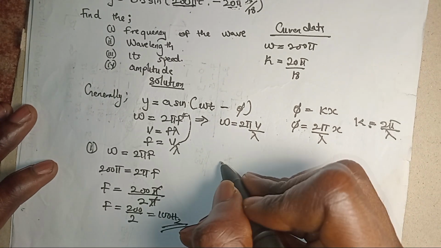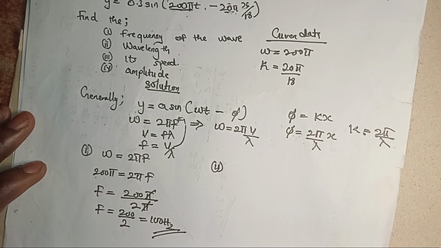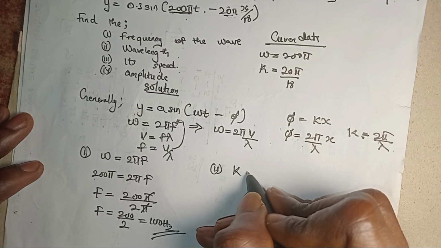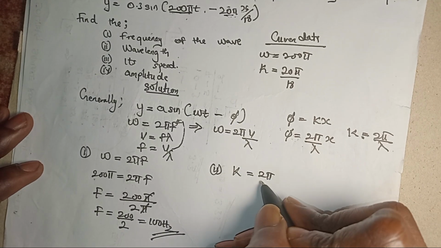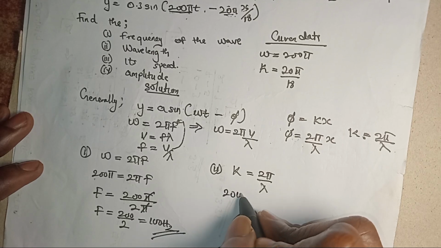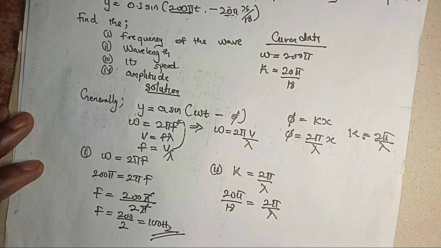For the second question, we should find the wavelength. You can get it from k equal to 2π upon λ, and our k is equal to 2π upon 18, which equals 2π upon λ.